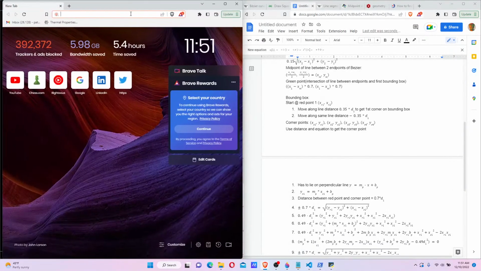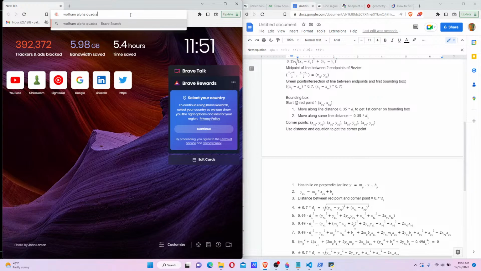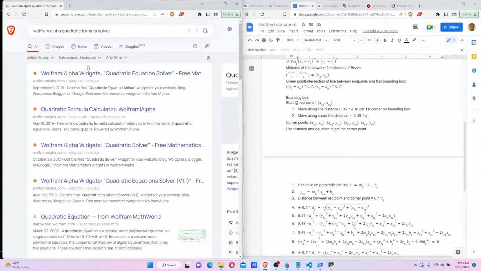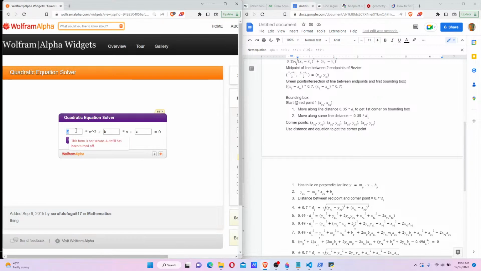I think Wolfram Alpha will do it. Quadratic formula solver. So a times x squared.